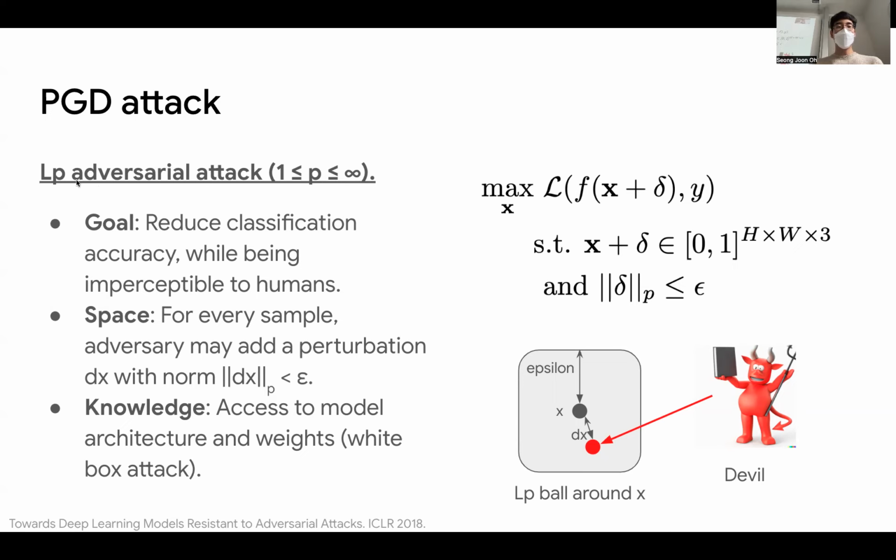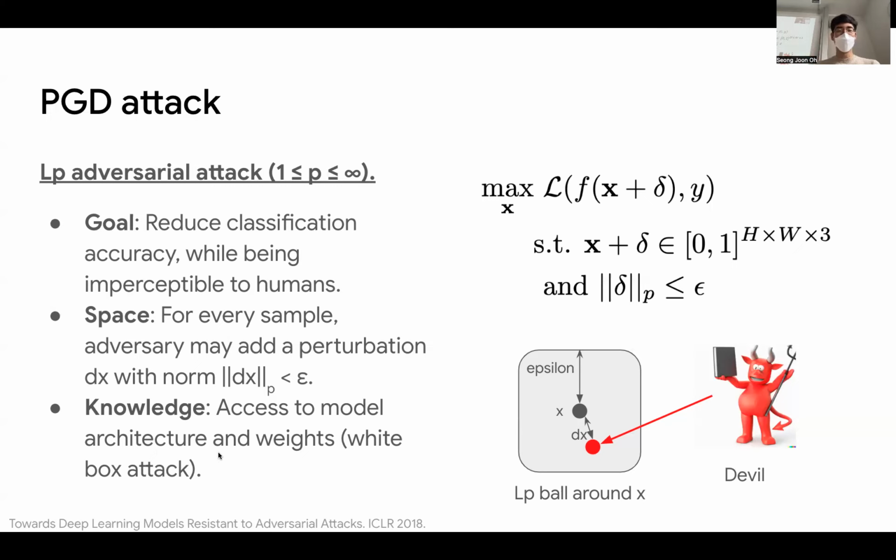This is an LP adversarial attack, where LP is the name of the norm, with P between 1 and infinity. Again, the goal is to reduce classification accuracy while being imperceptible to humans. The space where it operates is now defined by this LP ball, so your perturbation size measured in LP norm is smaller than epsilon. And here you need access to the model architecture and weights, so it's a white box attack.